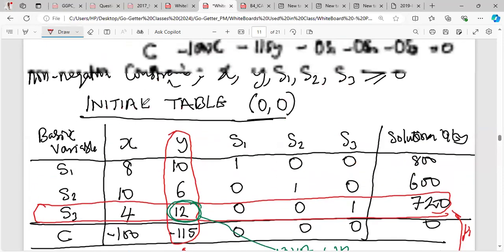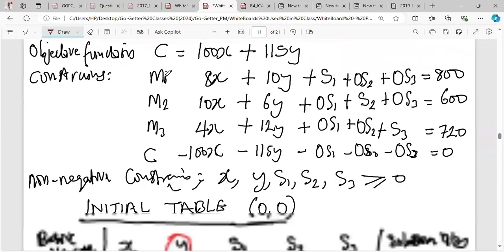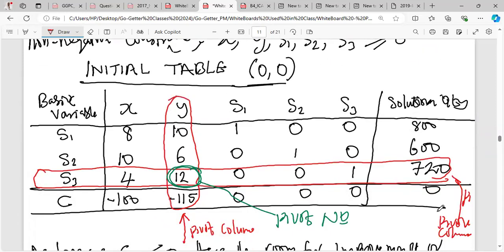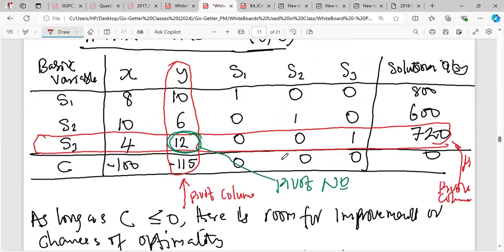So you'll be given everything. You are the one to do the objective function and all of these, and you will form the initial table. They might ask you what is a pivot column, what is a pivot row. They might not ask you, but forming this initial table might be the first part.